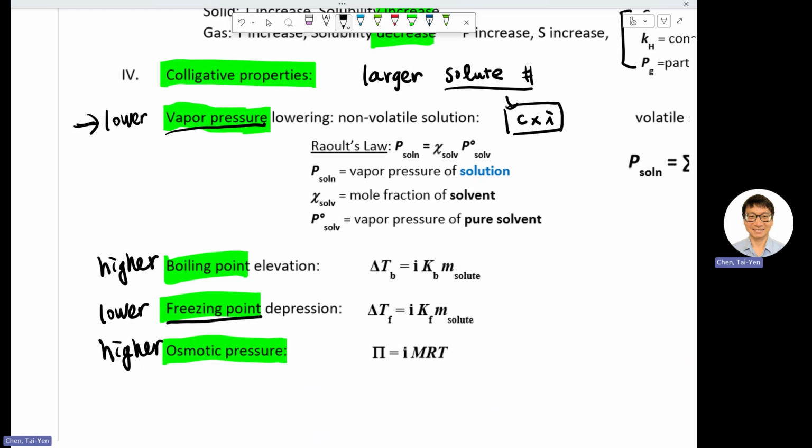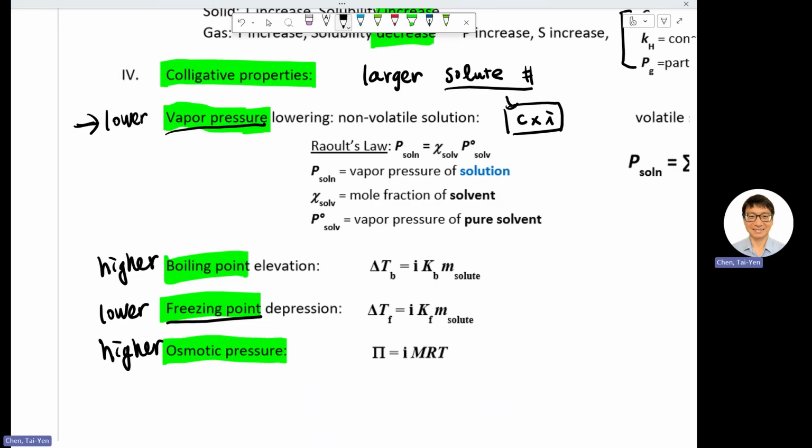Now why do we say it is not just the concentration of the solute that matters? Why do I need to multiply by i, which we call the van 't Hoff coefficient? Remember in the previous lecture, we talked about the solute particle. It's different from the solute molecule. Some substances, which we call electrolytes, once you dissolve them, even if you just throw in one molecule, after dissolving it becomes two.